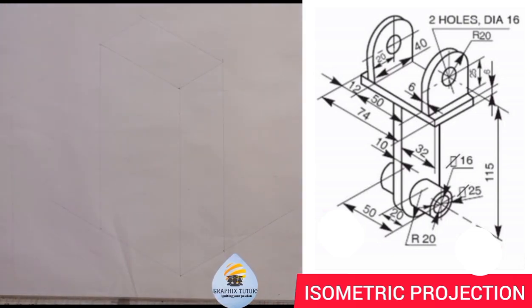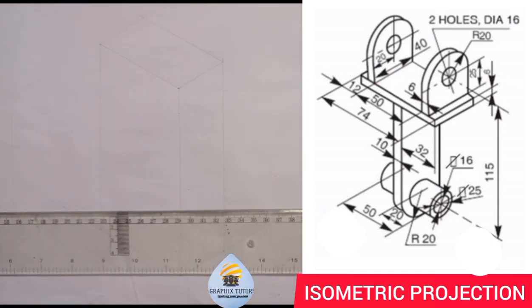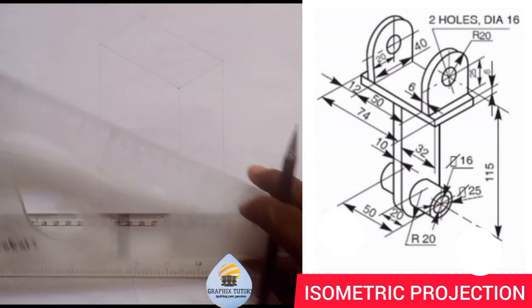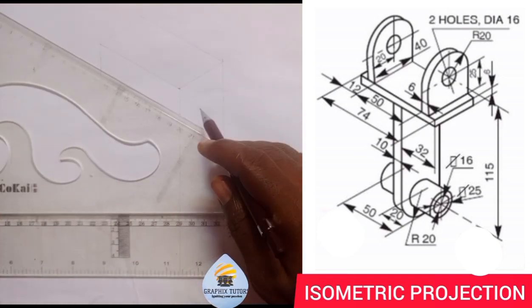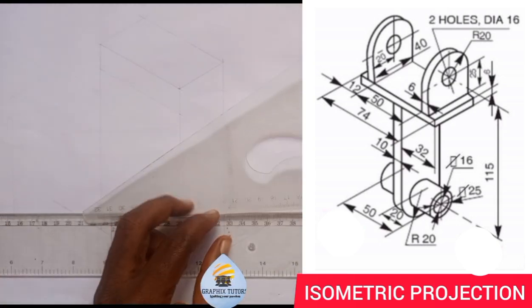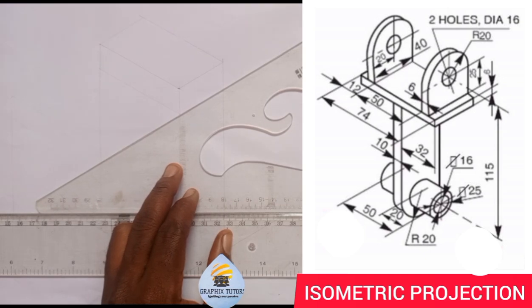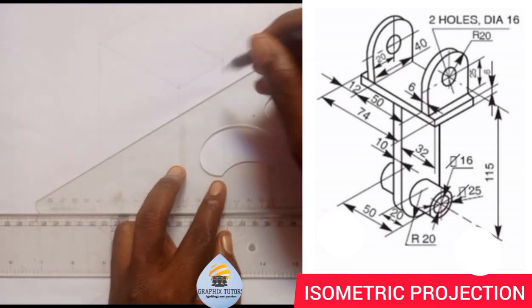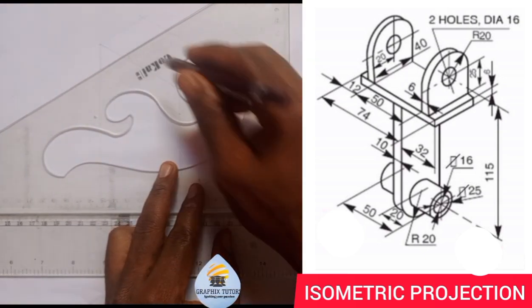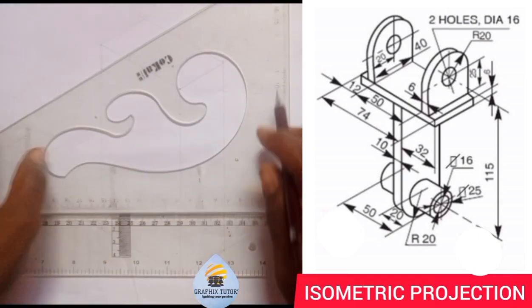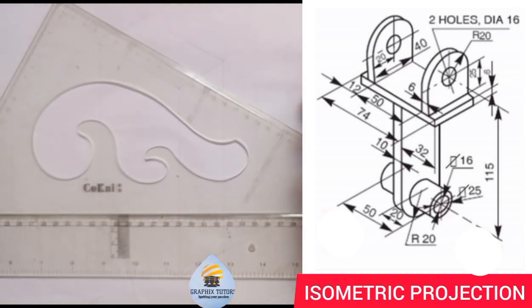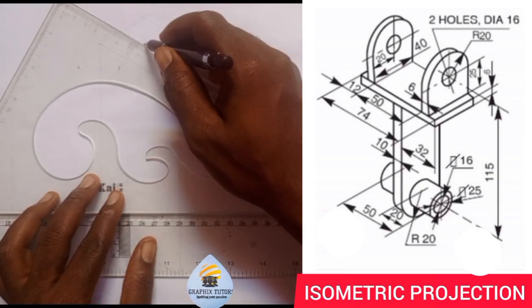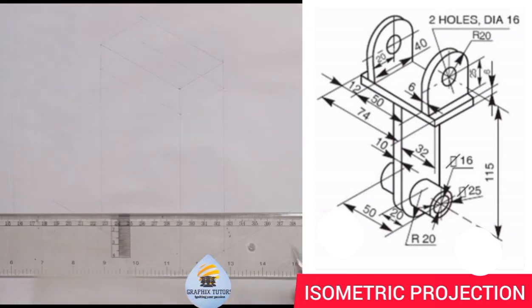Then I will draw an arc this way. I'll also draw another one this way, and another one this way. And I'm also going to close it up this way. See what I've done?